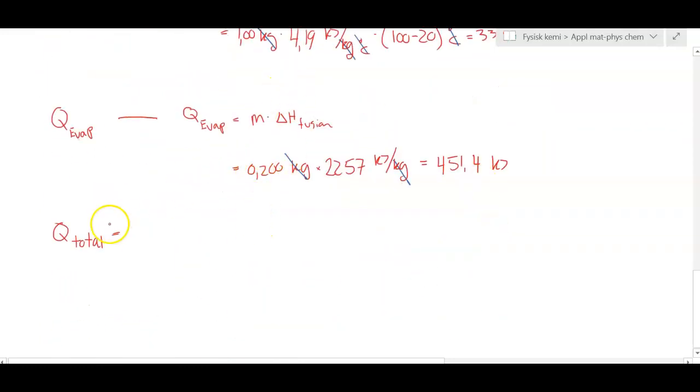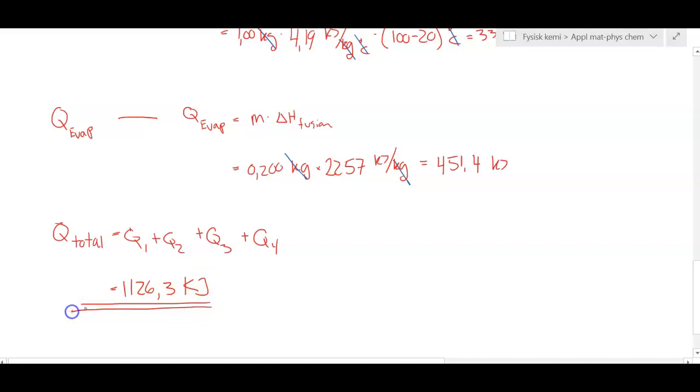And they sum up to Q total is Q1 plus Q2 plus Q3 plus Q4 equal 1126.3 kilojoules.